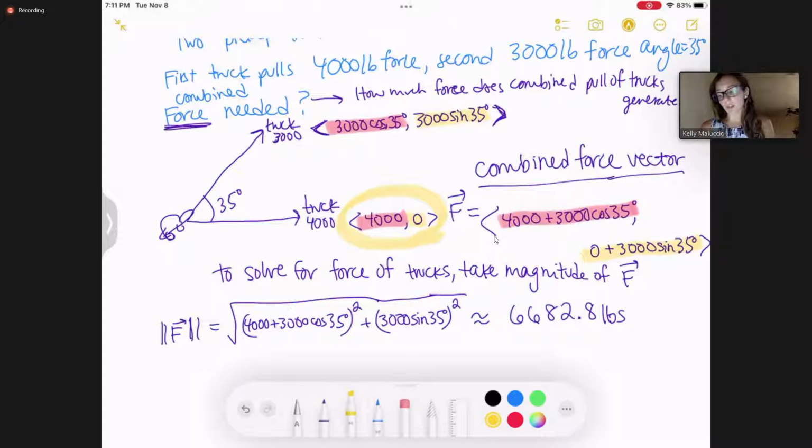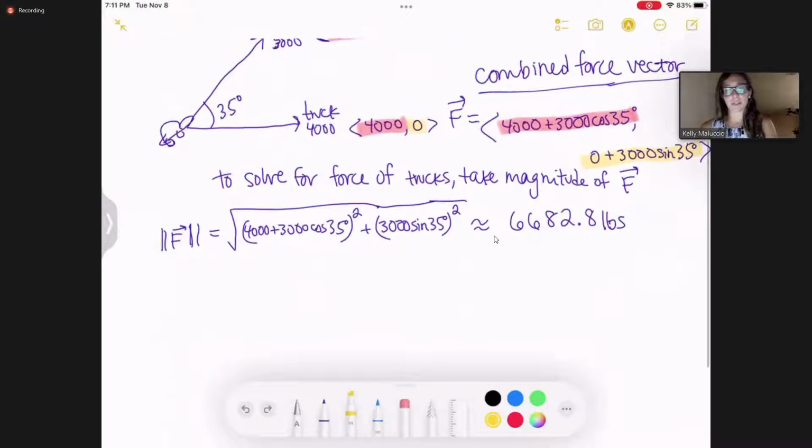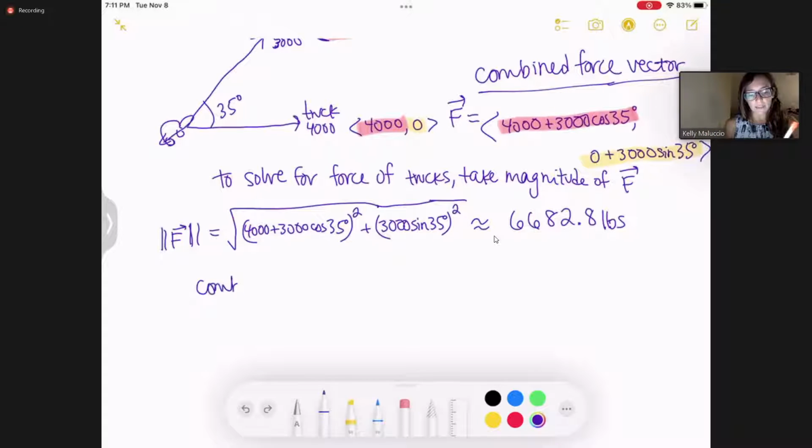I think that's why a lot of math books like it, because then it looks like an equation, even though it's really just a vector. Very bizarre.